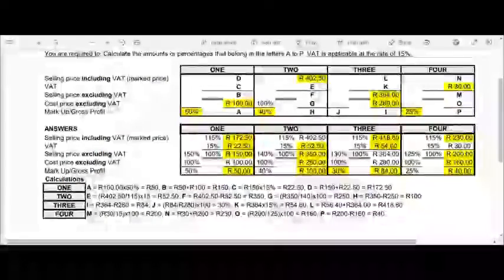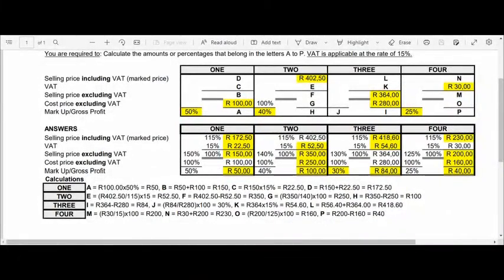And then figure number D will be the consideration or your selling price, including the value added tax. In other words, what you are going to mark that product when you put it on your shelf. And that will simply be the 150 rands, excluding that, plus the value added tax gives you 172 rands and 50 cents. Okay. All happy with the first one?